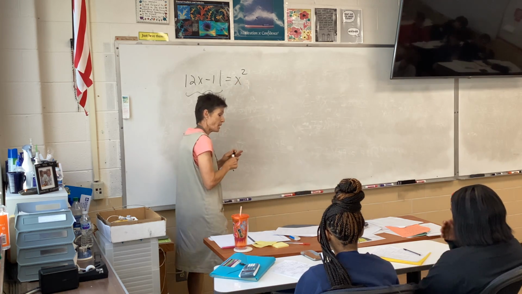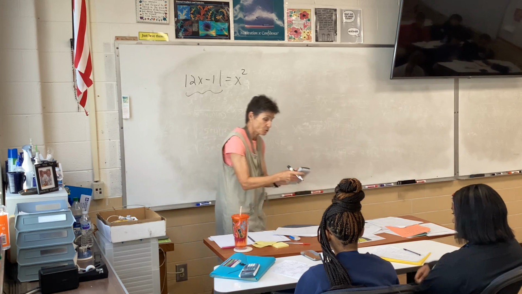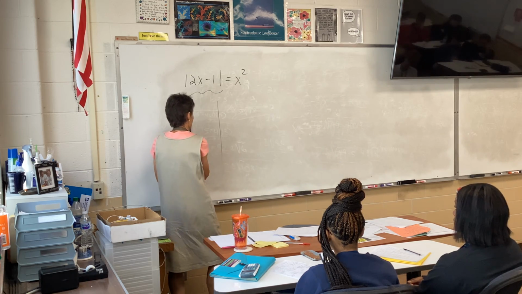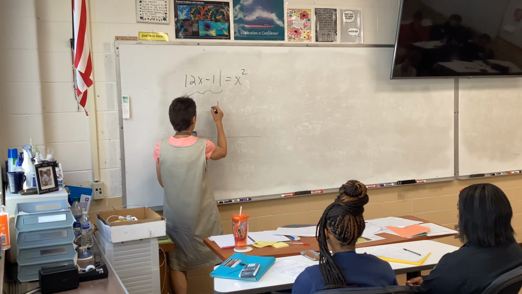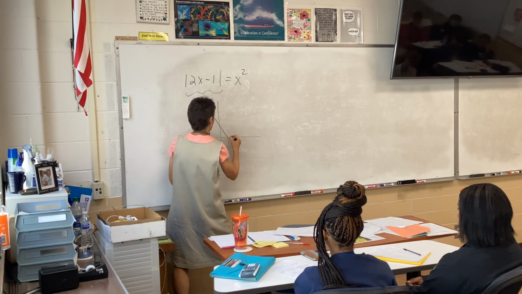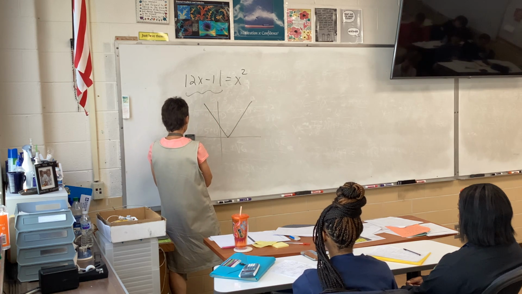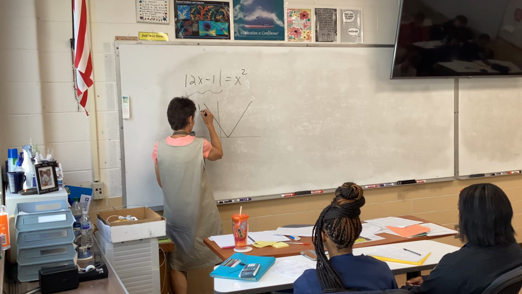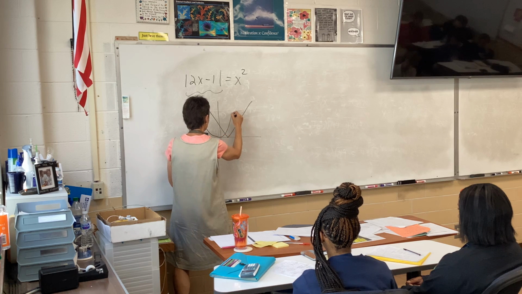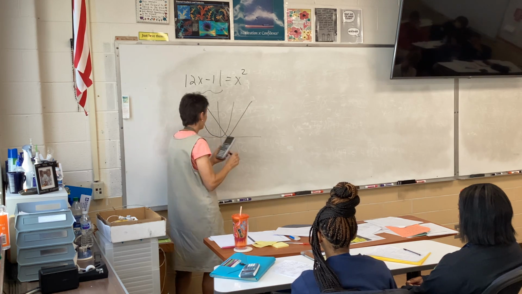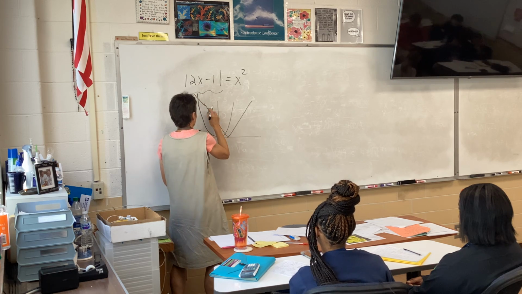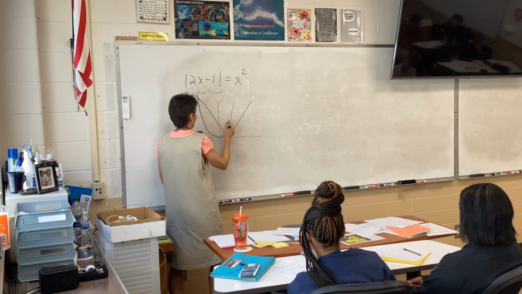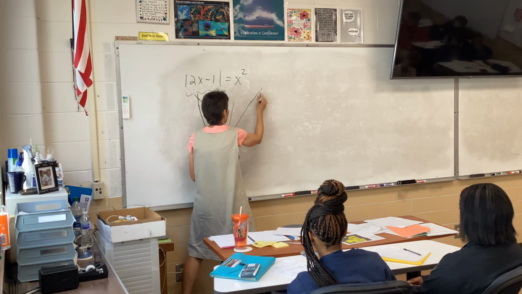And you're going to get 2 shapes, which makes sense because there's 2 equations, right? So here's what it looks like. You have a V, that's your absolute value, and then you have your parabola, that's your square.